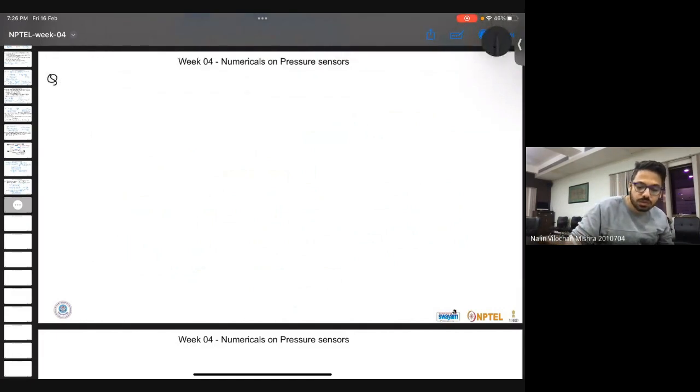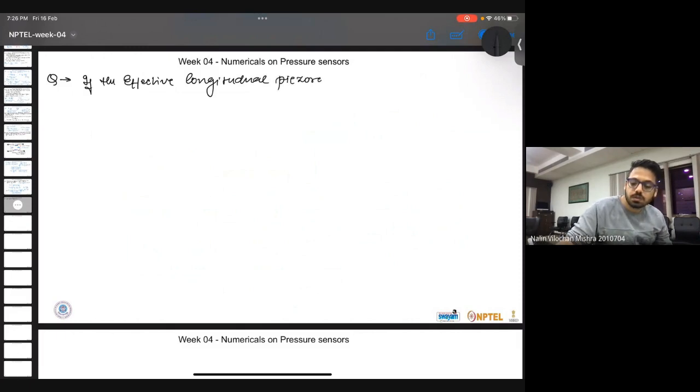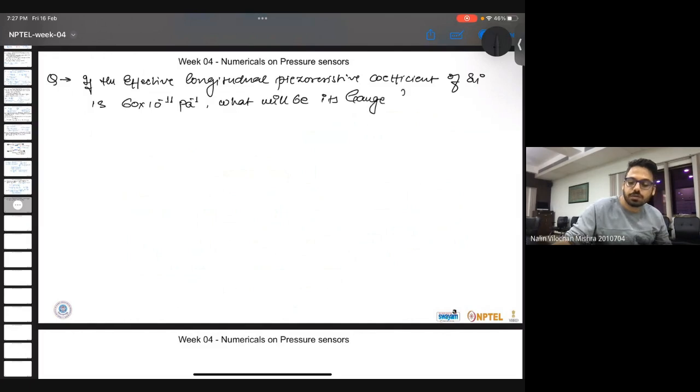So please try this next question. If the effective longitudinal piezoresistive coefficient of silicon is given as 60 into 10 to the power minus 11 Pascal inverse, what will be its gauge factor?